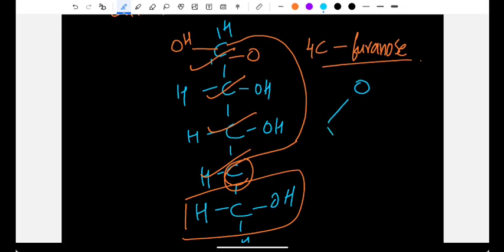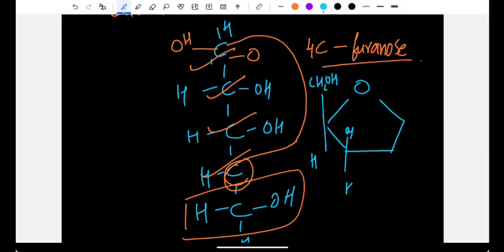So how to draw a furanose ring? Oxygen, 1, 2, 3, 4. And the fifth carbon will be CH2OH.